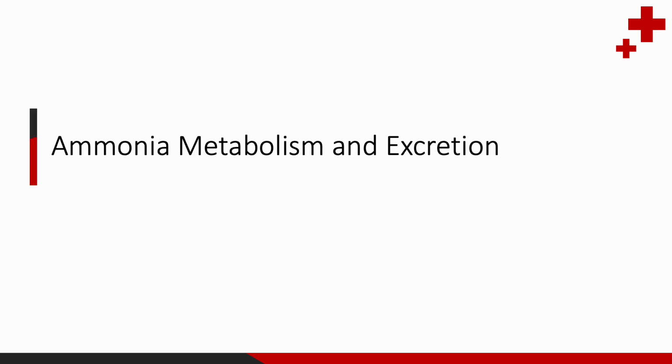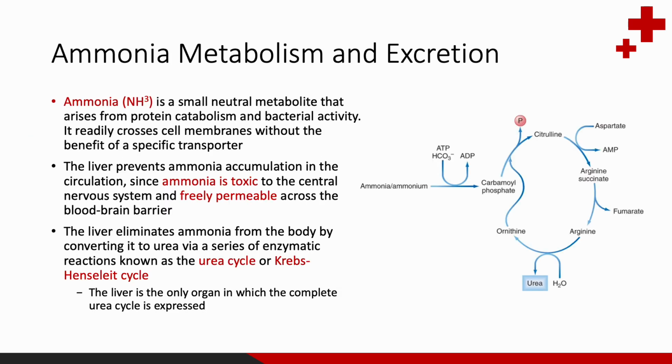The liver is also critical for disposing ammonia, as it can be toxic if it accumulates in the bloodstream. Ammonia is a small neutral metabolite that arises from protein catabolism and bacterial activity and is highly membrane permeant. It readily crosses cell membranes without the benefit of a specific transporter.